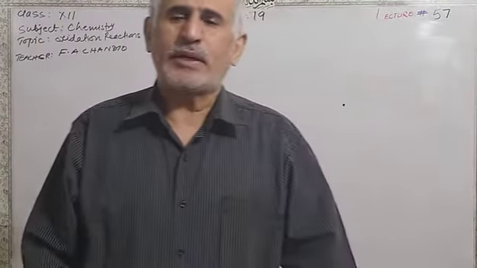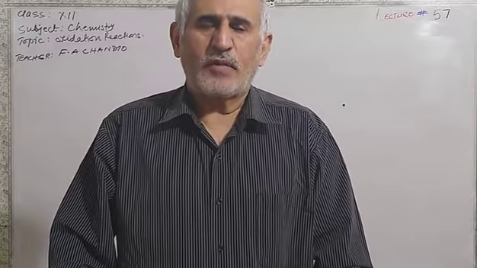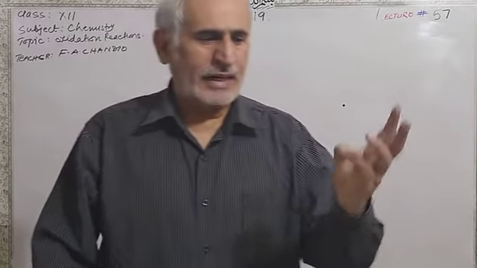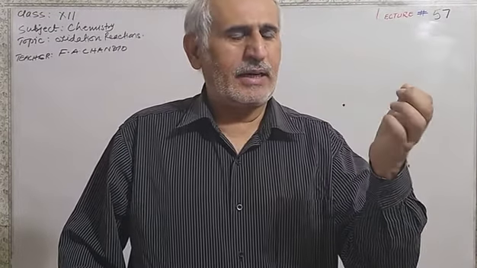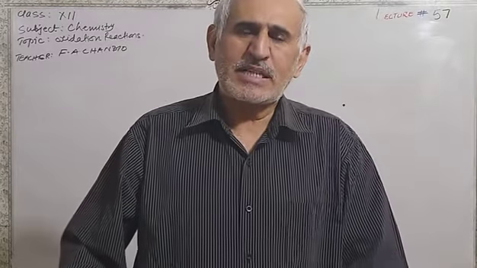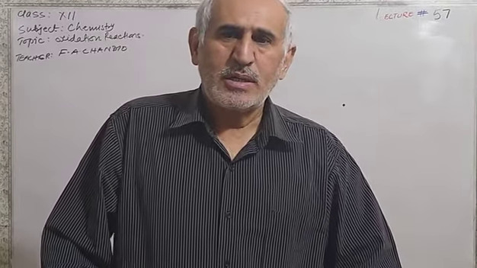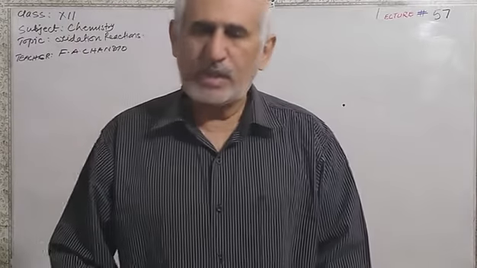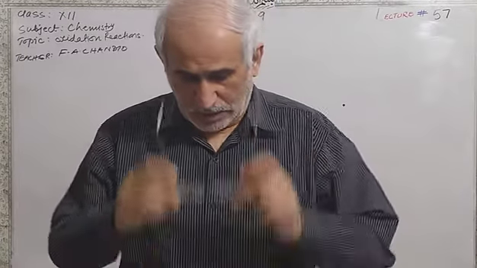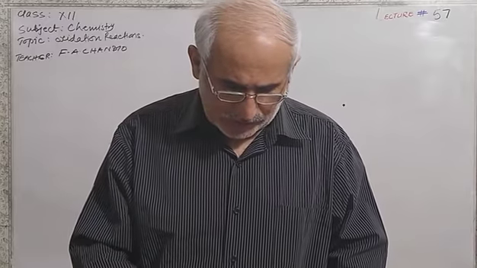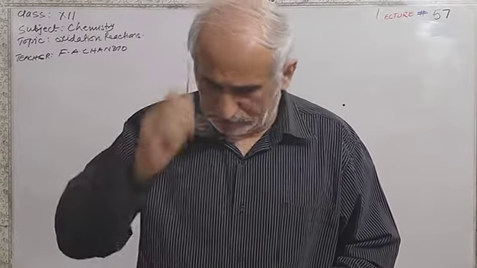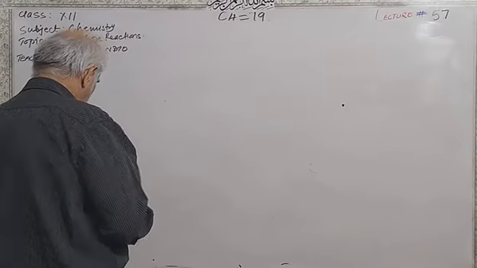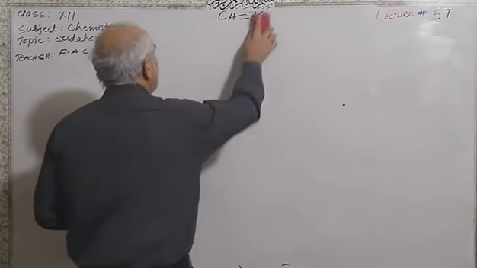Section C from chapter number 15, 16, 17, 18, 19, 20: 6 chapters of organic chemistry. Then D section is a mixed one. A section is objective type. So dear students, now I am going to start chapter number 20, carboxylic acid.